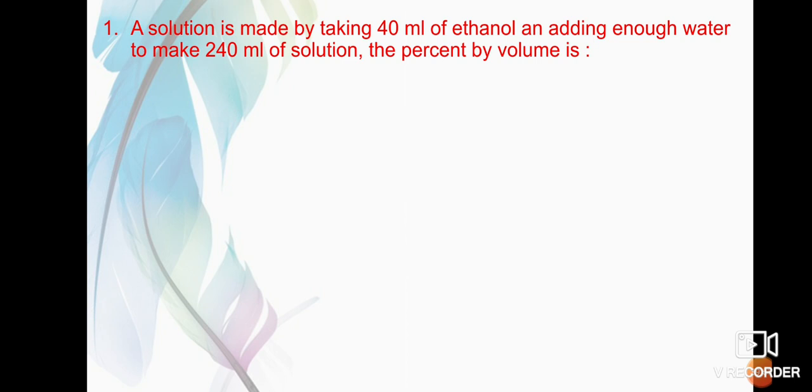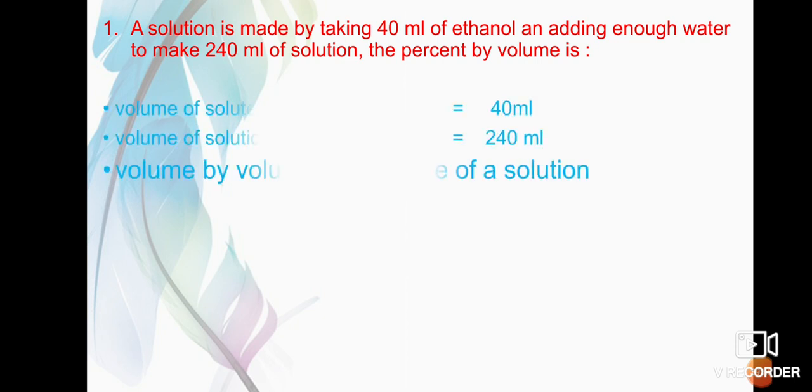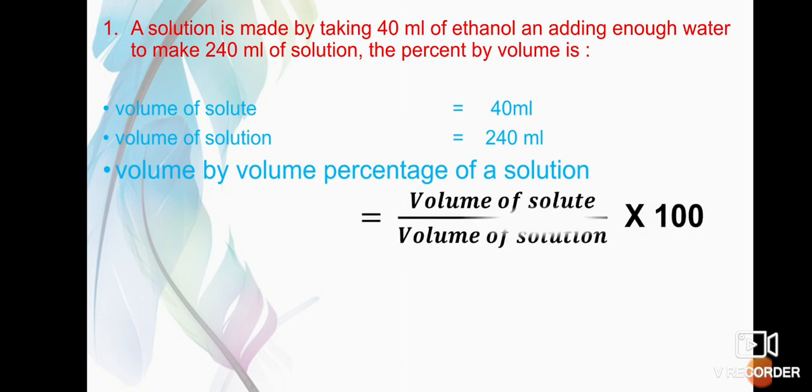The percent by volume is: volume of solute is equal to 40 ml, volume of solution is equal to 240 ml. Then by using the formula, we can calculate the value.